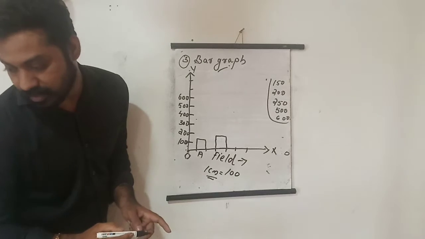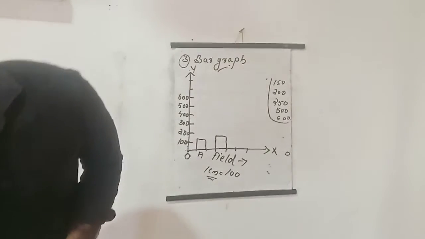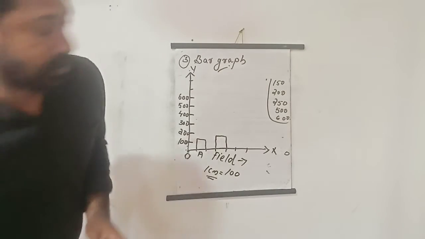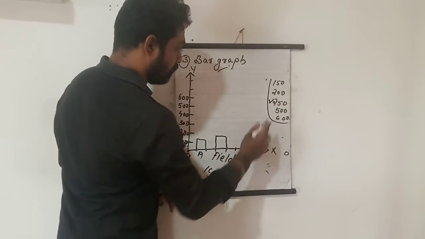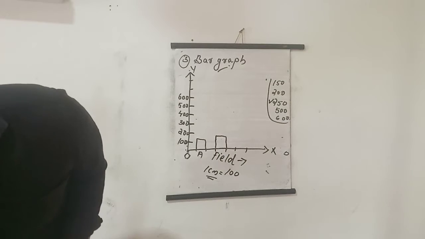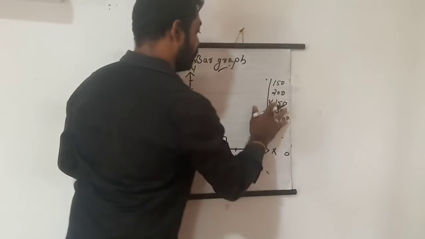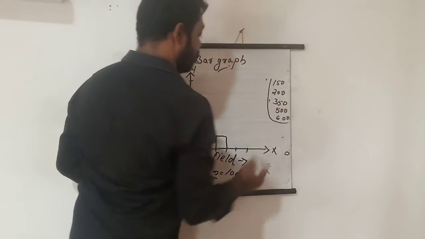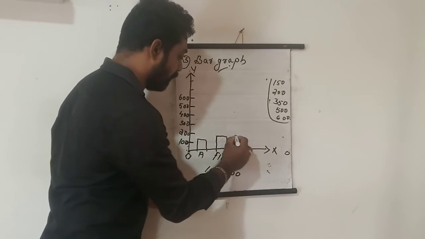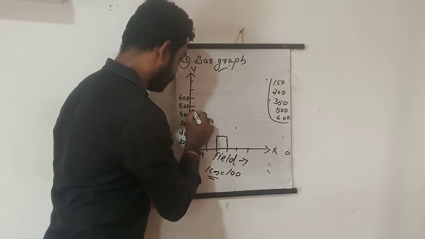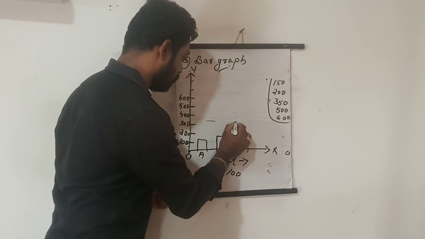Is it 200 or 250? It is 200. Yes, 200. Now field C is 350, sorry, it is 350. 350 is between 300 and 400, in the middle of that. You have to check it this way.